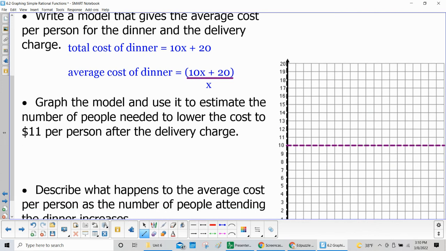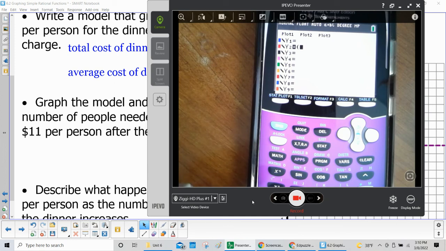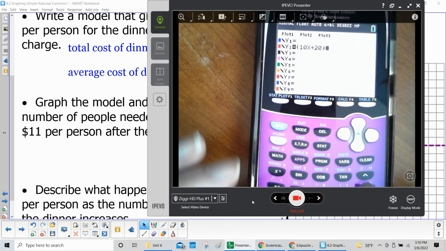So what we want to figure out is what are some numbers that would work for this equation, this problem. So I'm going to look at typing this into my calculator to start with. So 10x, so if I do parentheses, just like I kind of drew it out there, 10x plus 20 divided by x, per person, everybody kind of splits that delivery cost.